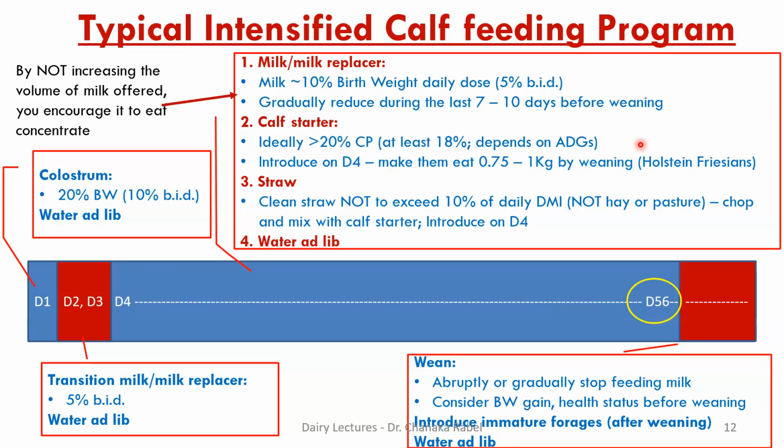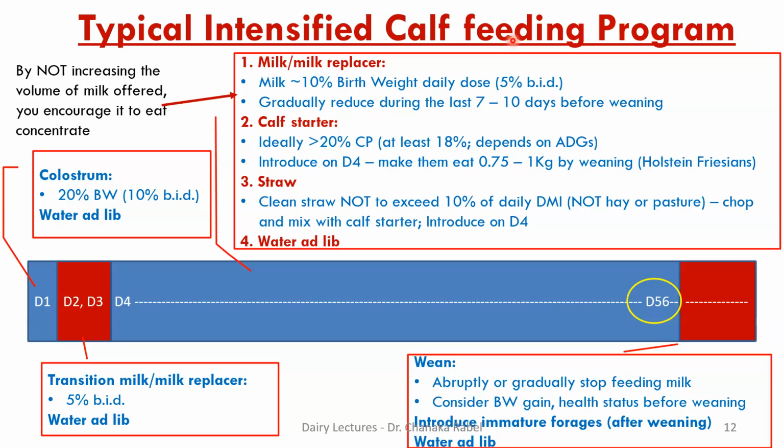We call this an intensified calf feeding program, geared for commercial calf management production, for early weaning, to expedite rumen development, to expedite calf development, and so on, right?